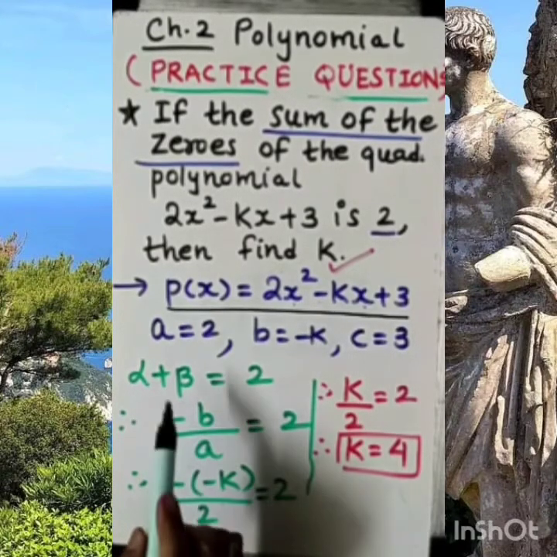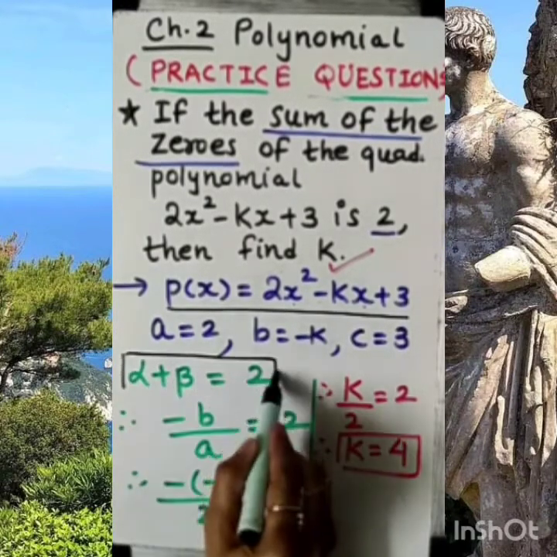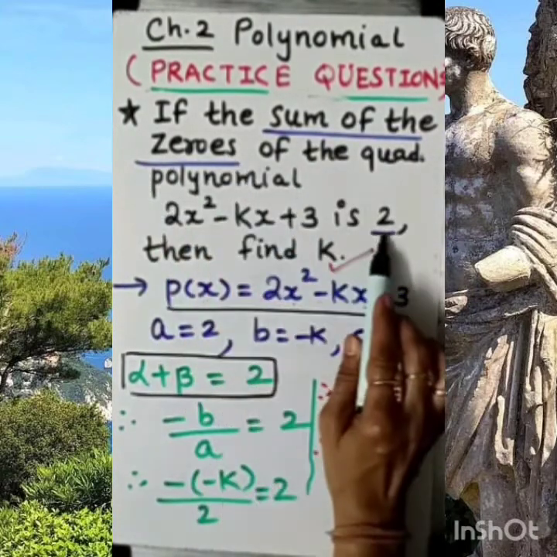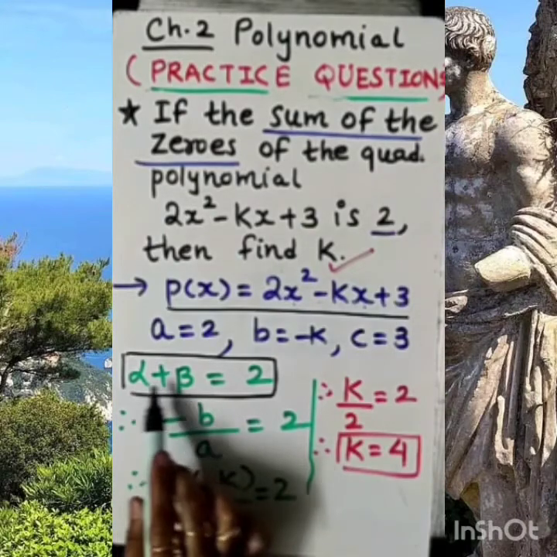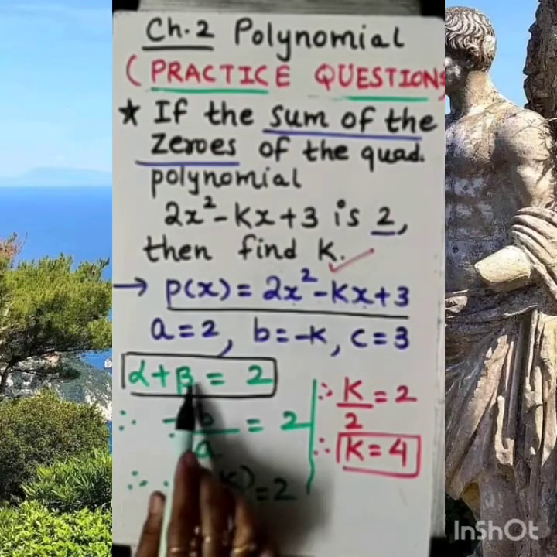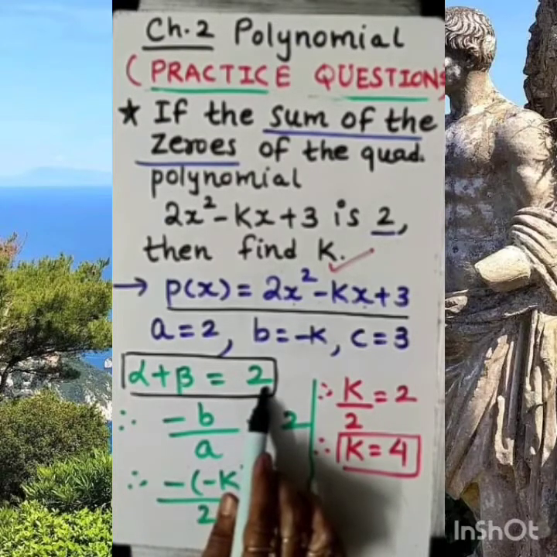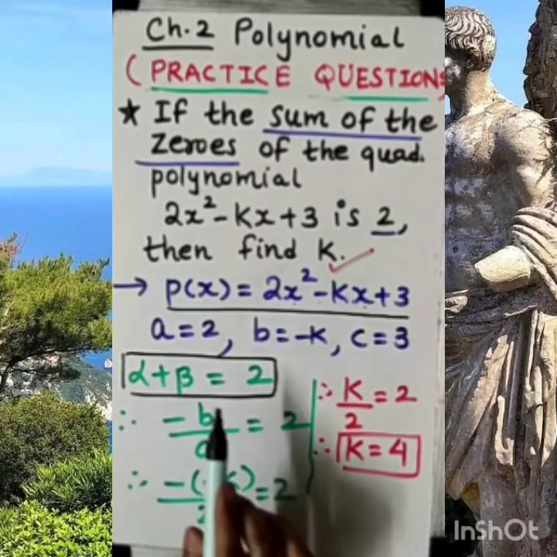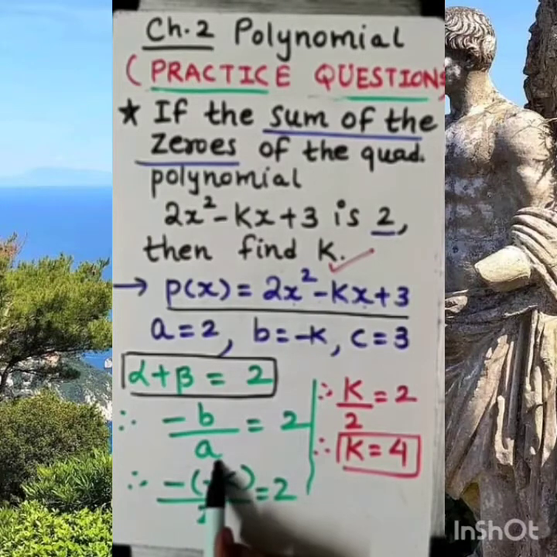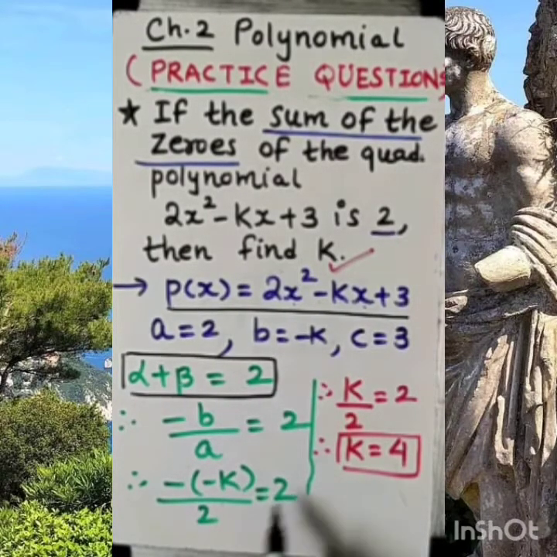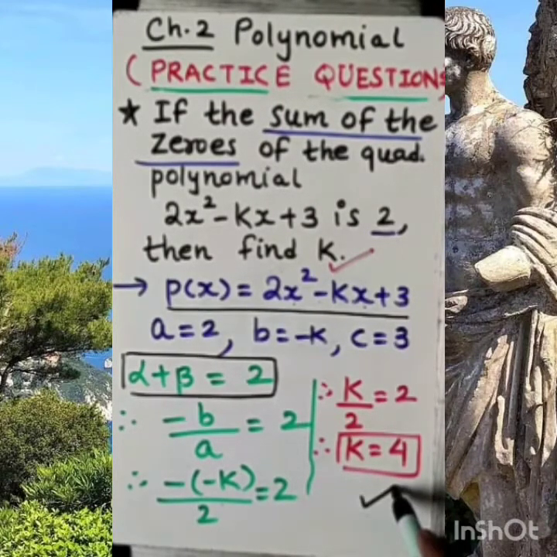We are given the sum of the zeros, that is 2. Let's consider alpha and beta are the zeros of the polynomial and their sum is 2. As we know, the sum of two zeros is defined by minus b by a. So let's substitute this value here, and after simplification the value of k which we are asked to find is coming 4. So this is the required result.